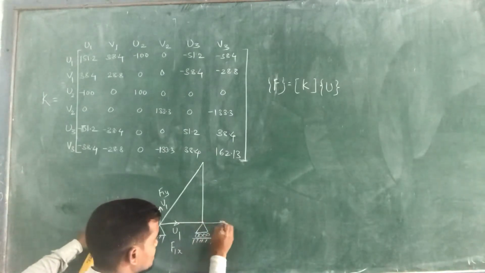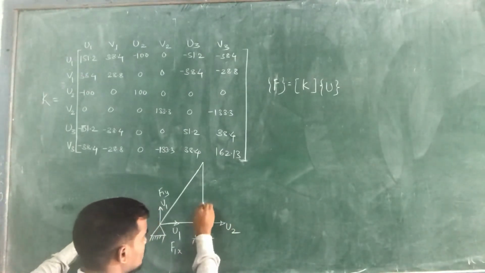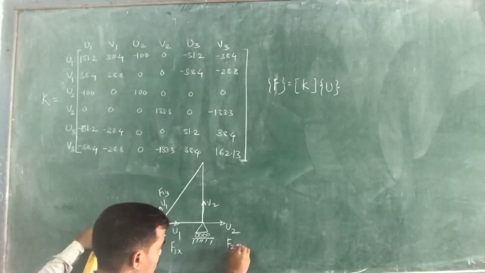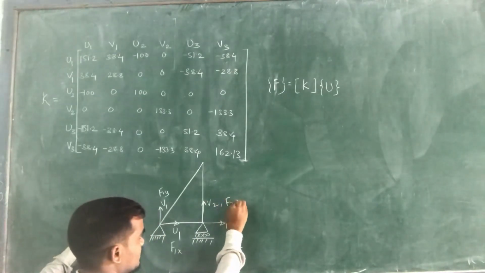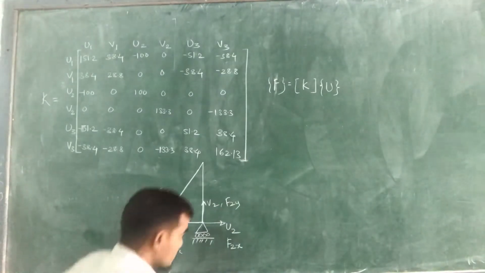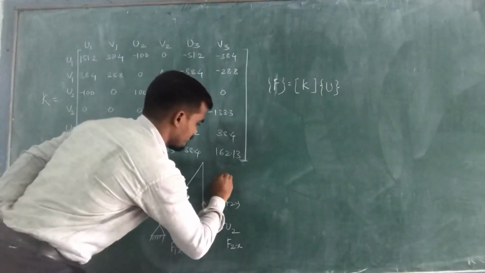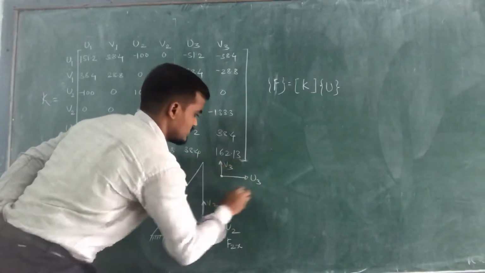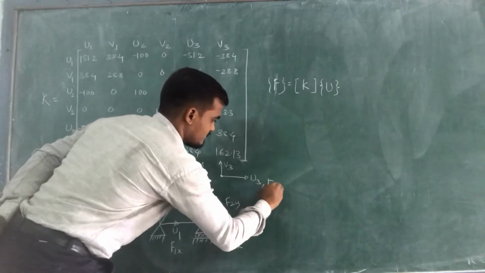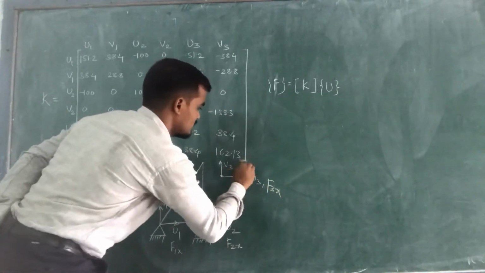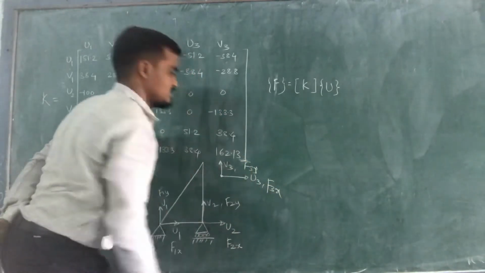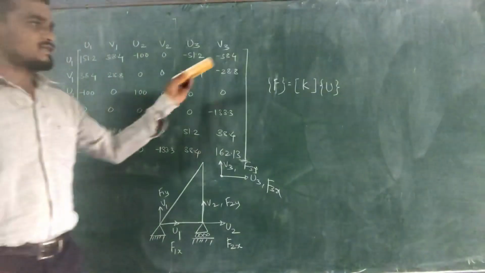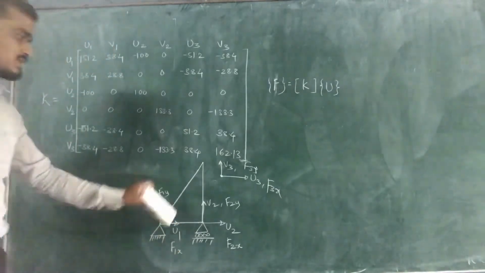At the second node, U2, V2 are the displacements. Similarly, F2x, F2y are the forces. And at the third node, U3, V3. Similarly, F3x and F3y are the forces. So to write down the force and displacement relationships, we need these displacements and forces.